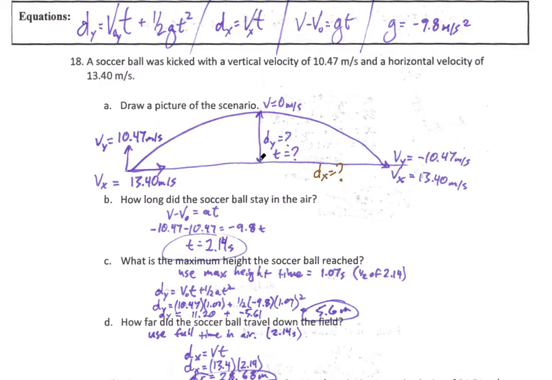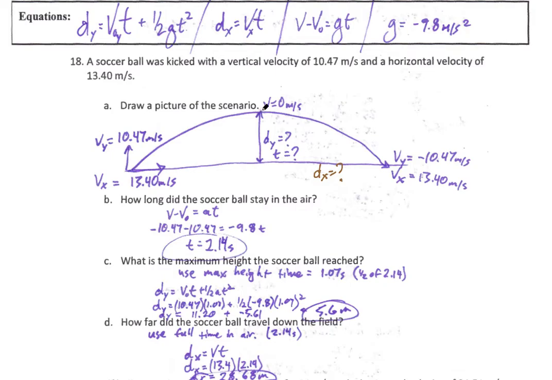All right, our distance in the Y direction, we know a little bit more than just, okay, it's something, right? We know that halfway down the travel, that's where we're going to have the maximum height. We don't know what that maximum height is quite yet, but we do know that the largest distance in the Y direction is going to be exactly halfway through the trip of the soccer ball. We know a little bit more about the velocity than what the problem is telling us.